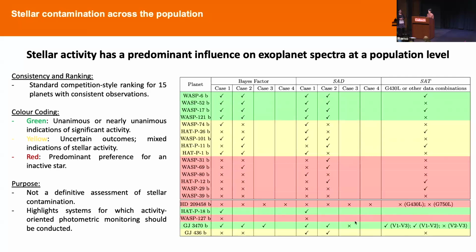Yeah, I think it's really important to have optical data. Ideally, as I said, you should have optical data taken at the same time as your transit observation. But if not, then any optical data will be very useful, just to give you an idea of the activity of the star.